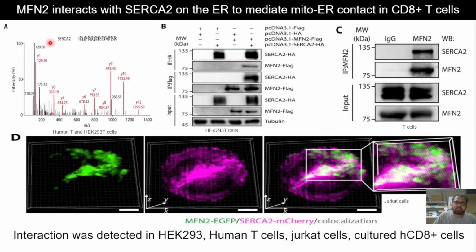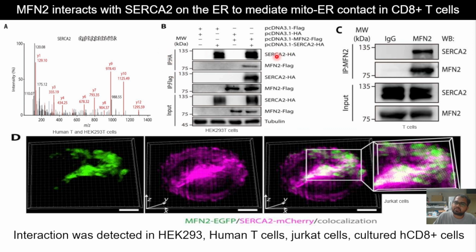Further, this data is showing the mass spec data of the HEK293 and the CD8 T cells. Furthermore, to confirm that this MFN2 is interacting with SERCA2, they did this co-IP experiment, in which they used HEK293T cells, and for example here they did IP with HA.